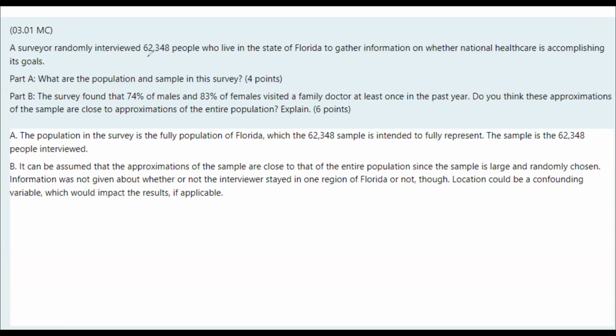A surveyor randomly interviewed 62,348 people who live in Florida to gather information on whether national healthcare is accomplishing its goals. What are the population and sample? That's the first thing that it says. All right, let's answer that.